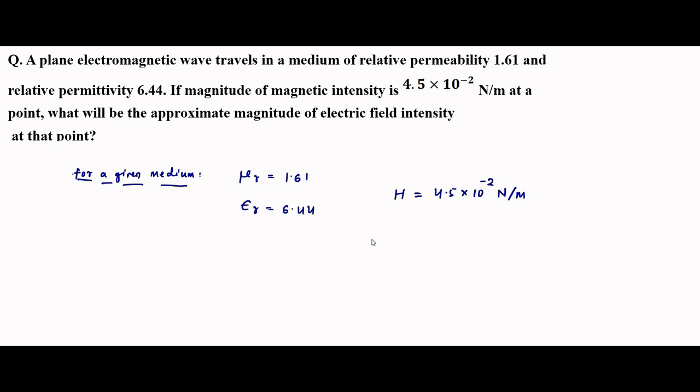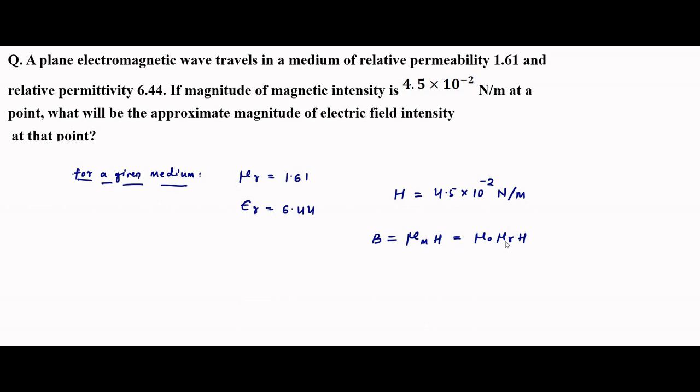So here we can calculate the magnetic flux density B at that particular point using the formula B is equal to mu m H, which is equal to mu 0 mu r into H, where mu 0 is the absolute permeability.